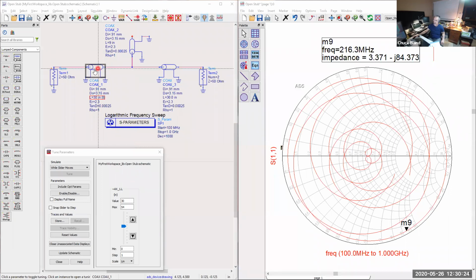This piece of coax over here is 30 inches long, and if you divide 30 by 9, you end up with 3.3, which means in terms of lambda, this is 3.3 lambda over 4, because this is lambda over 4, quarter wavelength.